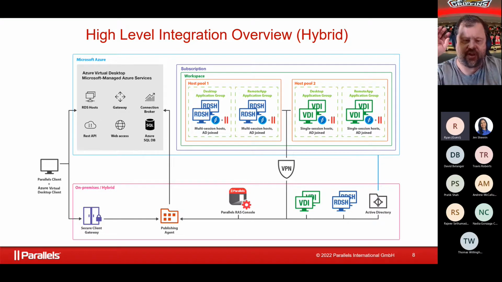They will see the RAS resources. The multi-session could be your on-prem resources, all within the same space. So they don't need to know when they're hitting AVD versus your on-prem. And to them, it's all a seamless experience.